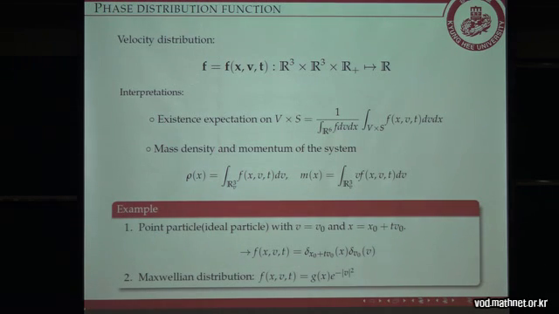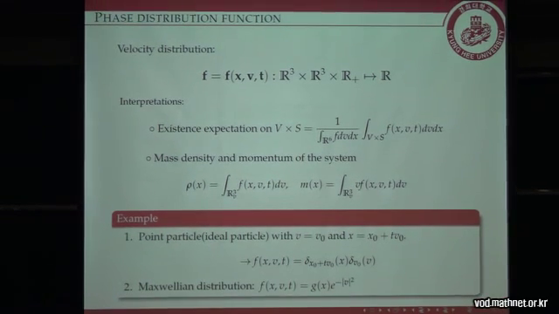This is the phase distribution. I think every audience member knows the particle density function, right? If we take any fixed time t and put in some position x, this PDF means some expectation of the number of particles.